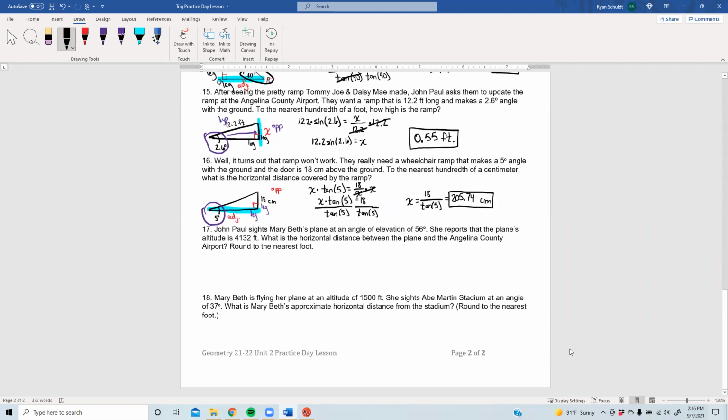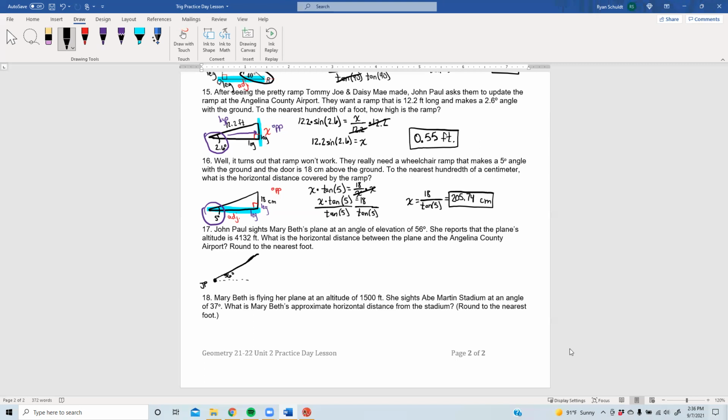Okay. John Paul sights Mary Beth's plane at an angle of elevation of 56 degrees. Okay, so let's see here. John Paul's right there. It says his angle of elevation. Remember, elevation means up. So here's JP down here. This angle is going to be 56 degrees.